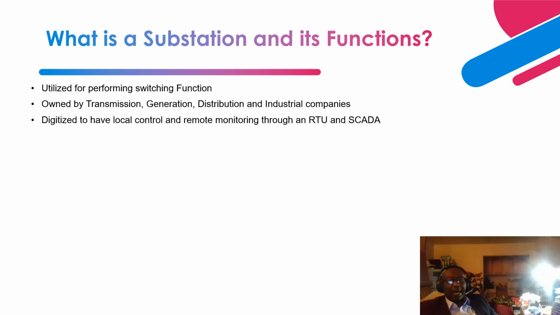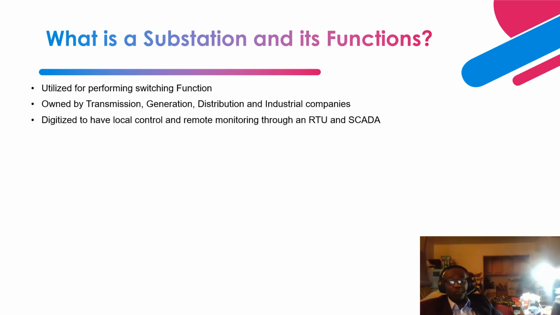Substations are mostly digitized and have control in place, and some of the control has local means of controlling the substation. It also has remote monitoring that can be achieved, and for remote monitoring it has to go through an RTU, a remote terminal unit.